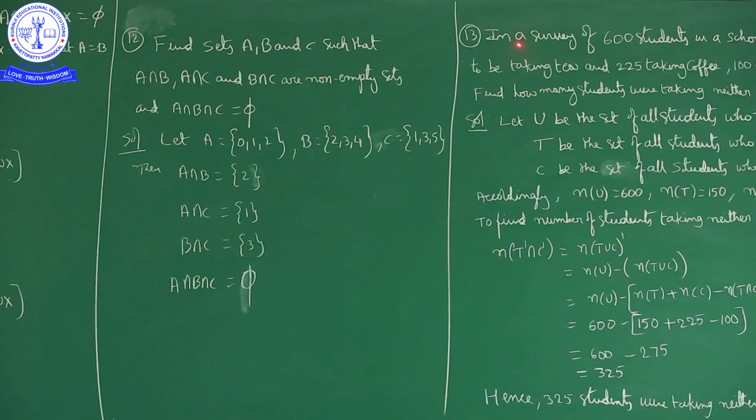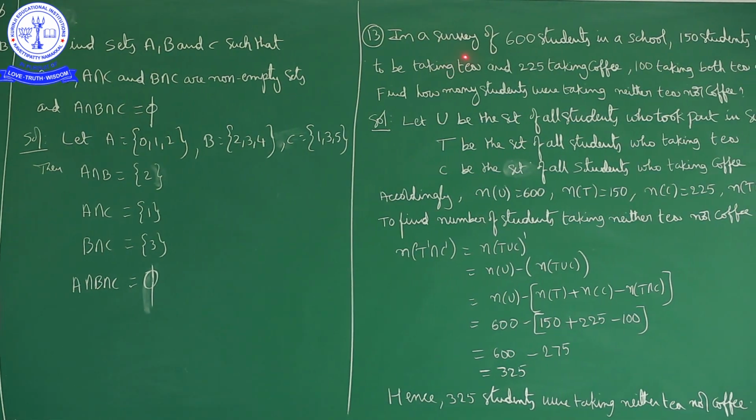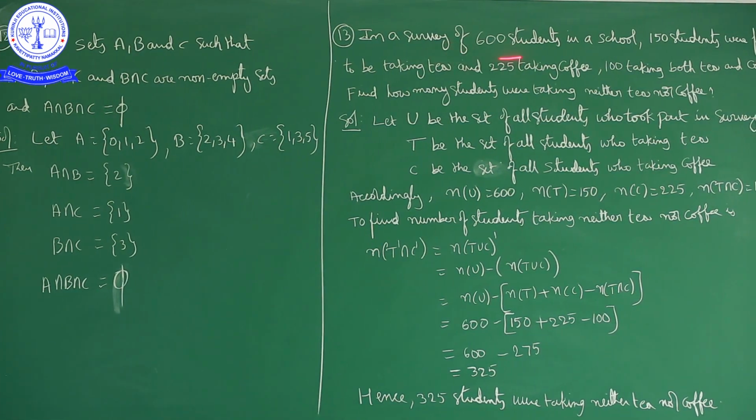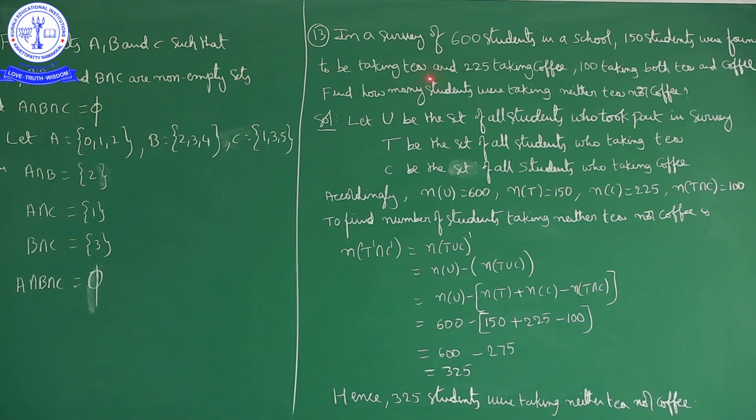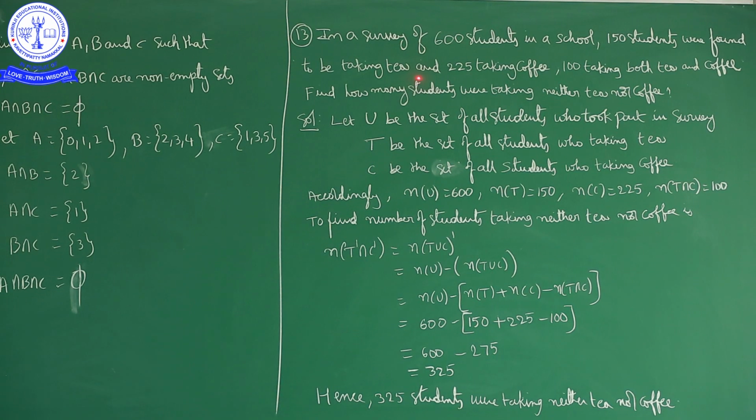Next question. In a survey of 600 students in a school, 150 students were found to be taking tea, meaning 150 students like tea, and 225 taking coffee, meaning 225 students like coffee, and 100 students taking both tea and coffee.